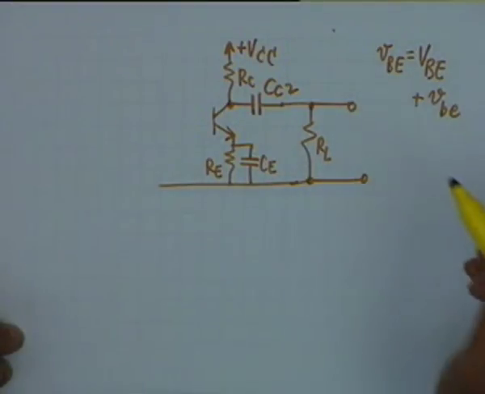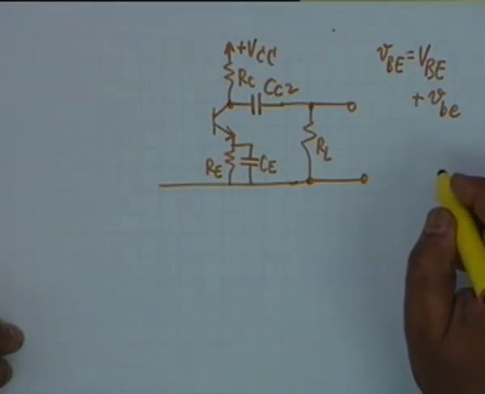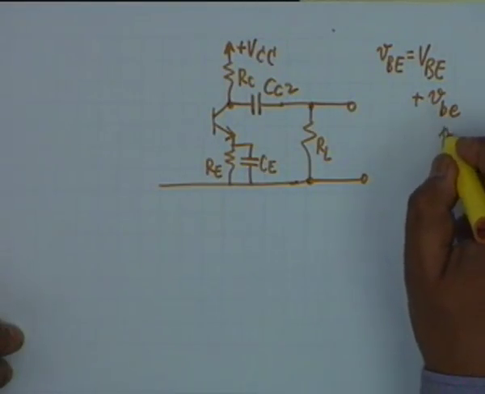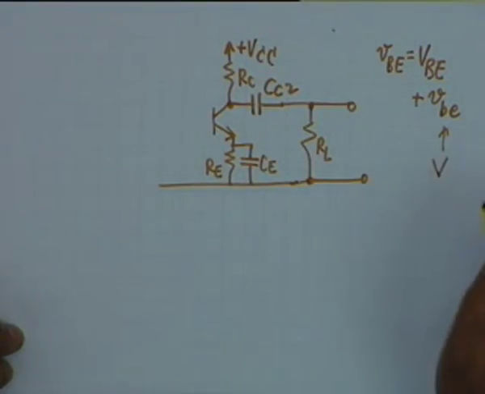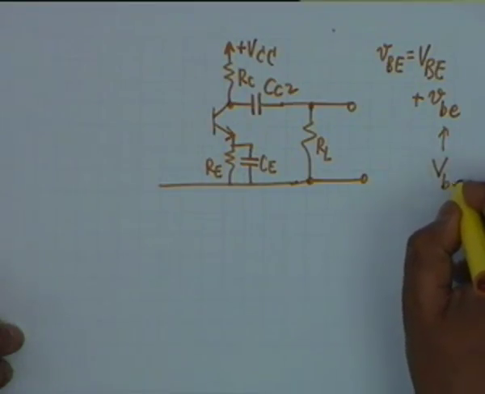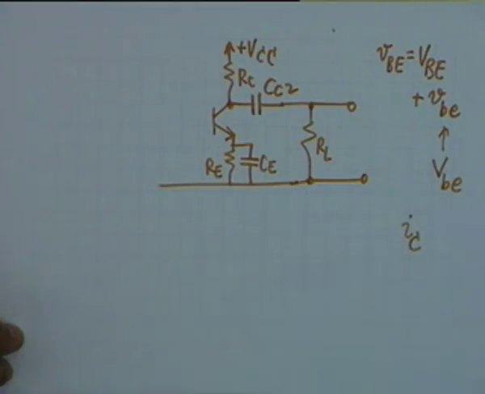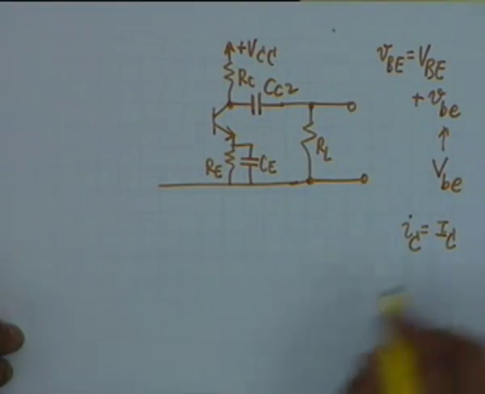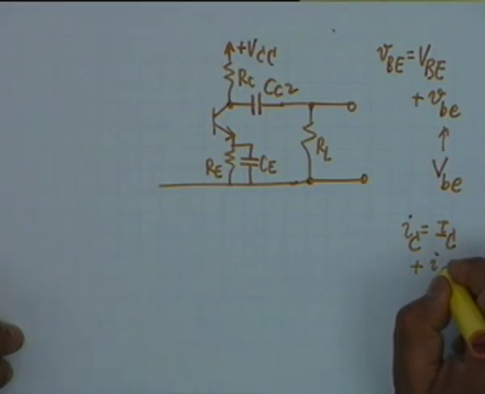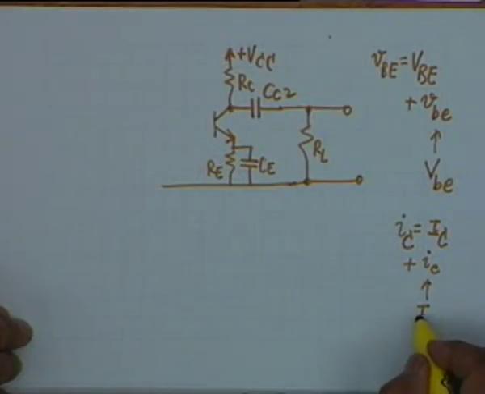Now we shall adopt the notation, we have already done that for the signal part, the root mean squared value shall be denoted by the RMS value of VBE, if it is sinusoidal, shall be denoted by capital V subscript small b small e. For example, if we are concerned with the collector current I sub capital C, it is the sum of I sub capital C, the DC value, plus small I subscript small c, the AC value, and the RMS value of this shall be denoted by capital I subscript small c.